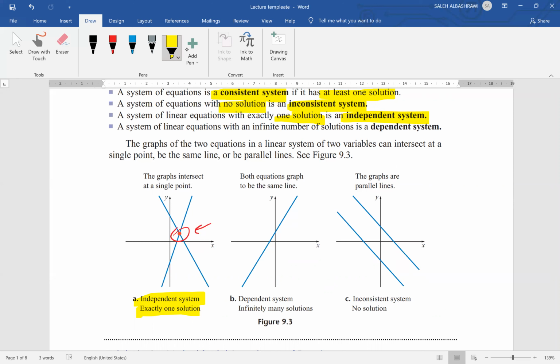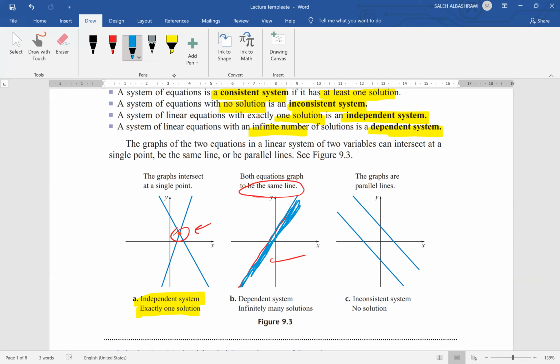A system of linear equations with an infinite number of solutions is called a dependent system. The two equations will give me the same line. The two lines coincide. The first equation will give me this line, and the second equation also will give me the same line.